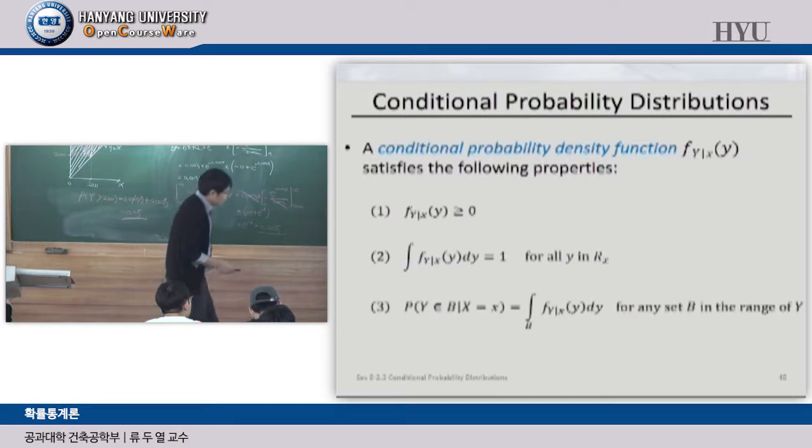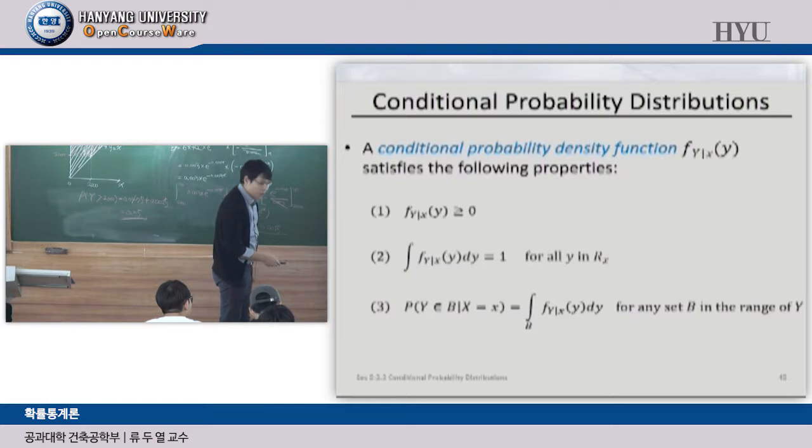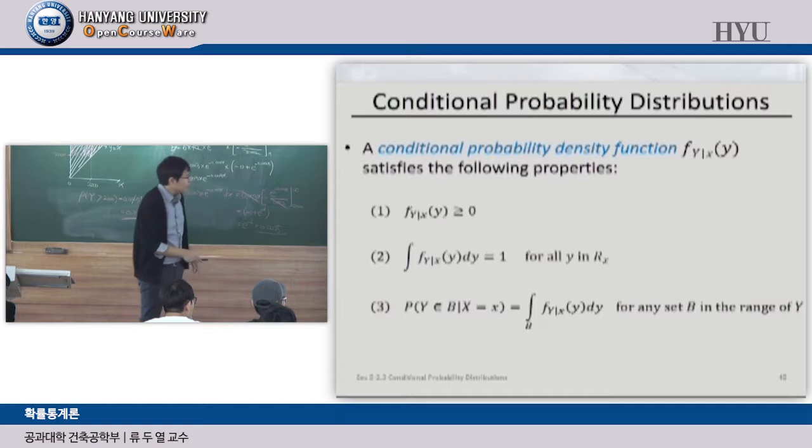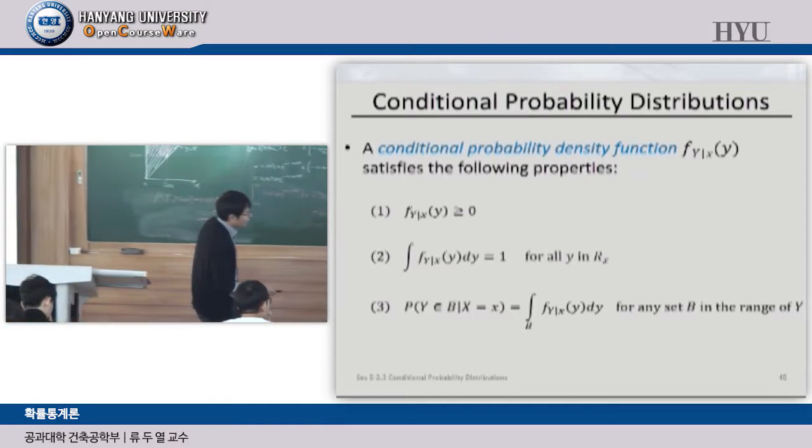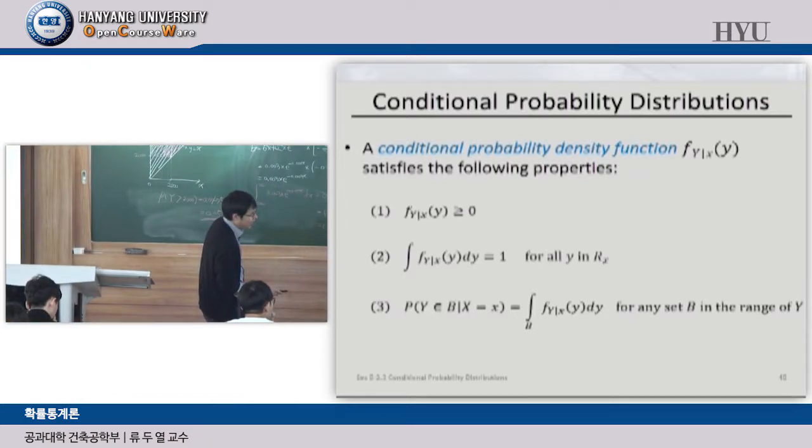Thirdly, the conditional probability of y, when y is included in a set B, given x, should be equal to the integration of the conditional probability density function over the region B. Okay? And this can be understood from the following example. This should be satisfied for any set B in the range of y.